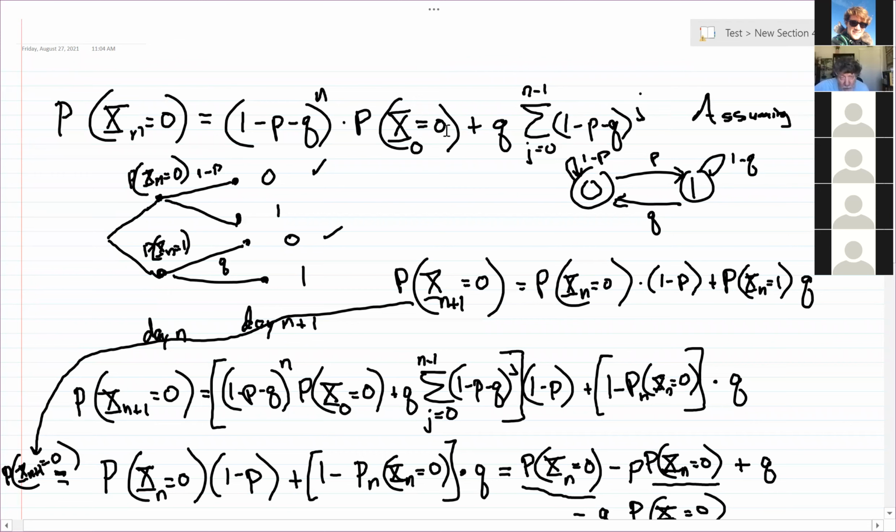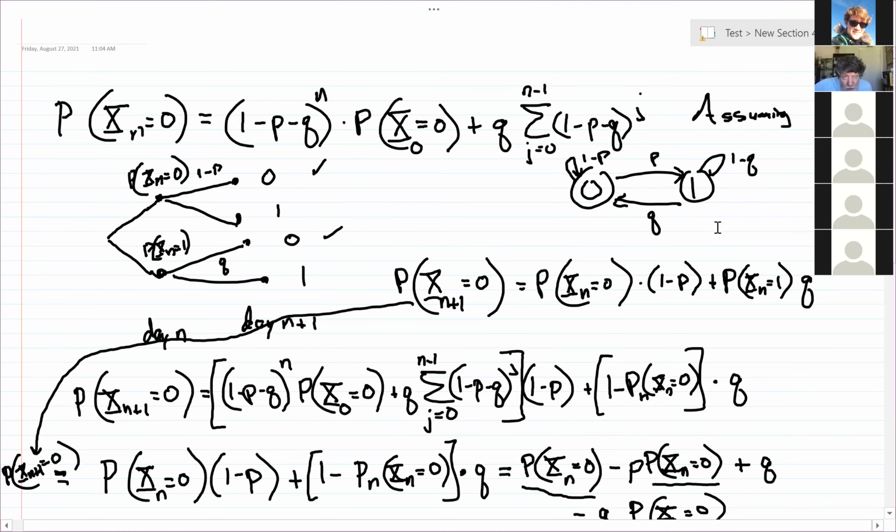That's the initial distribution. So everything in this expression depends on something that's hopefully known. You should know the probability that the machine works initially. The manufacturer should know it. And these transition probabilities of going from a state of working to broken and back and forth, that also is assumed known.